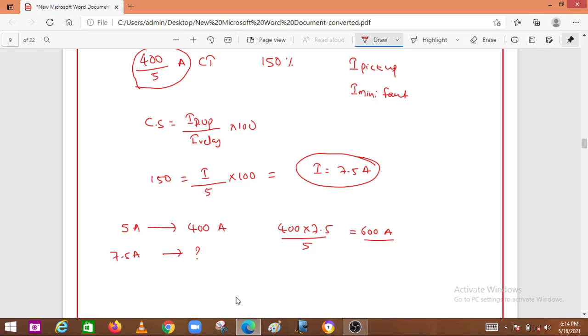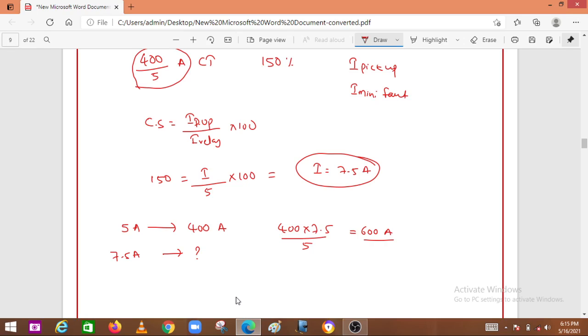As long as the primary of the CT is 400 amperes, the secondary will be 5 amperes. This is called the relay current. When the pickup current is reached, the relay is about to operate. So when the relay operates, a minimum fault current is existing. If the secondary side is obtaining the minimum fault current, there exists a fault current on the primary side.